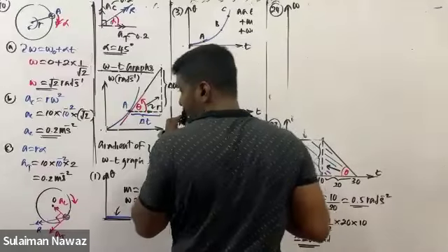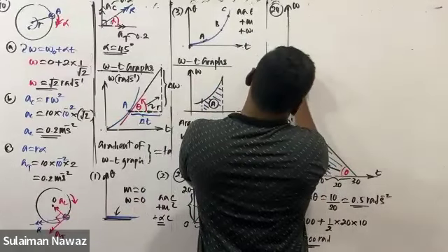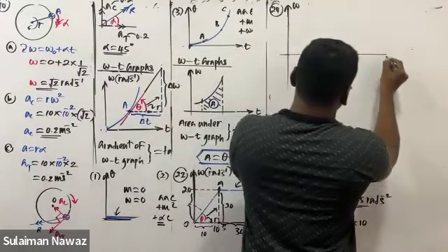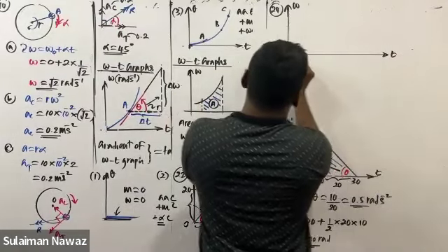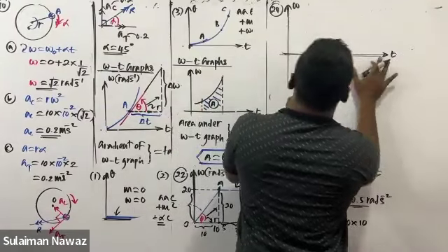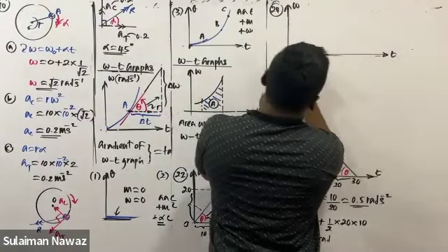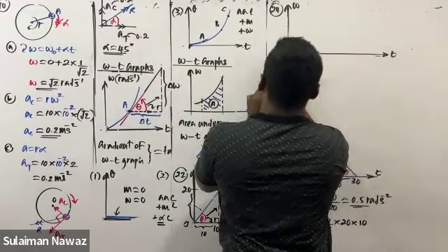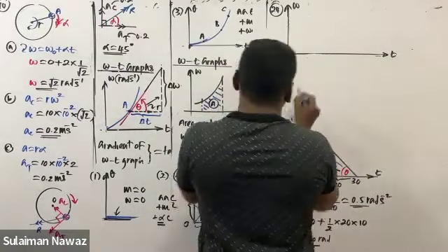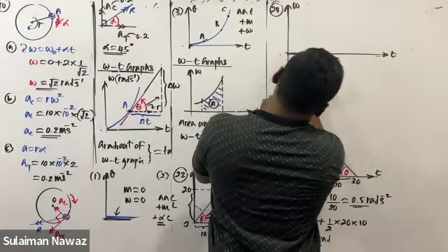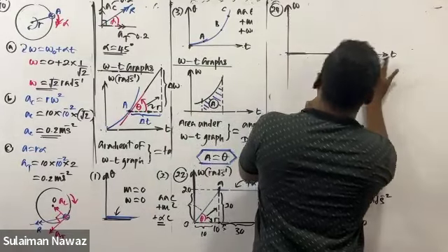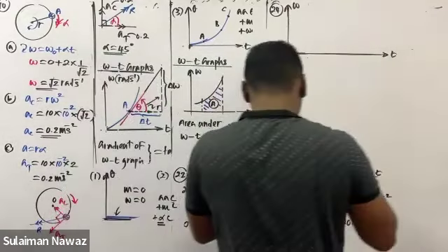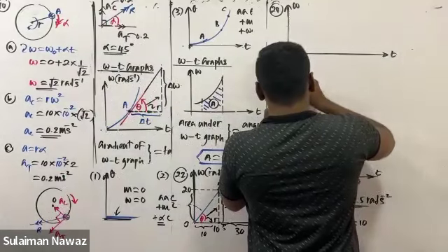That is also an omega-time graph. And the graph would be like this.